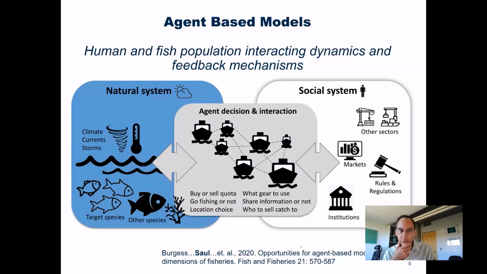Agent-based modeling is a really useful tool to study coupled human natural systems and the feedbacks between them. There are quite a few fisheries agent-based models out there now. It's a really great way to look at the couplings between the human and the natural system, and understand how these affect and feed back on one another.